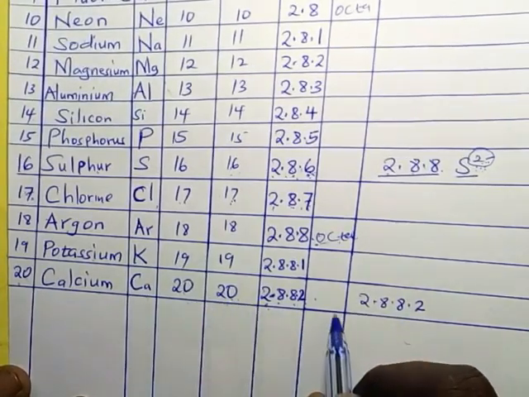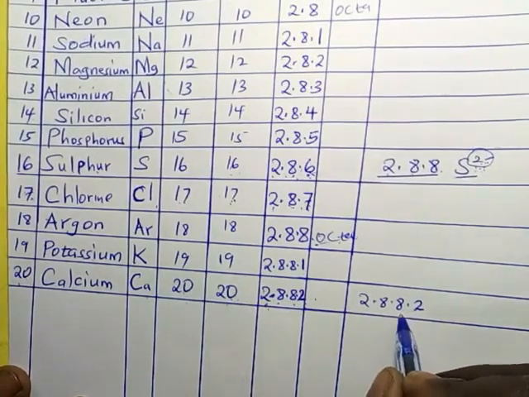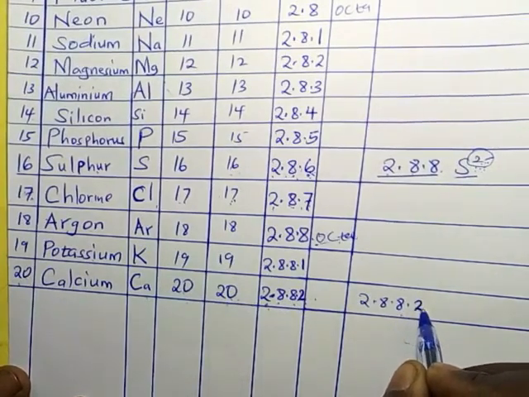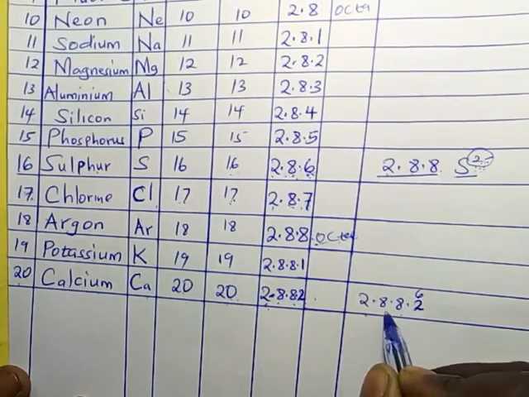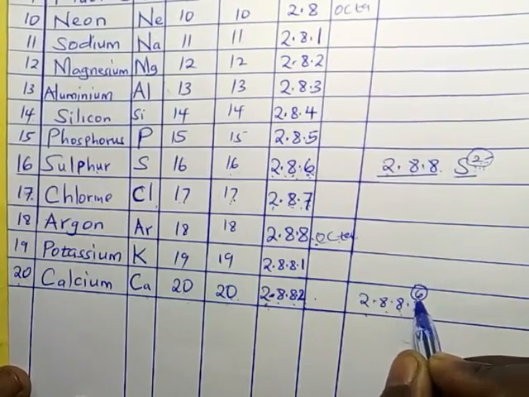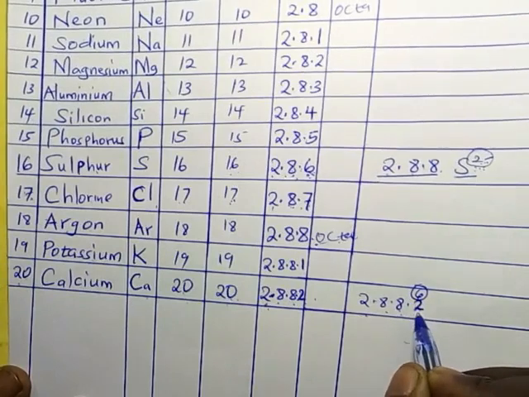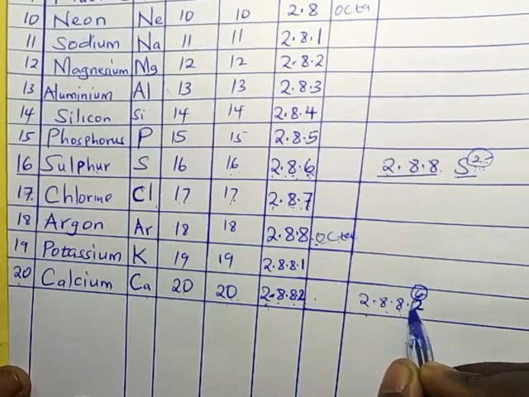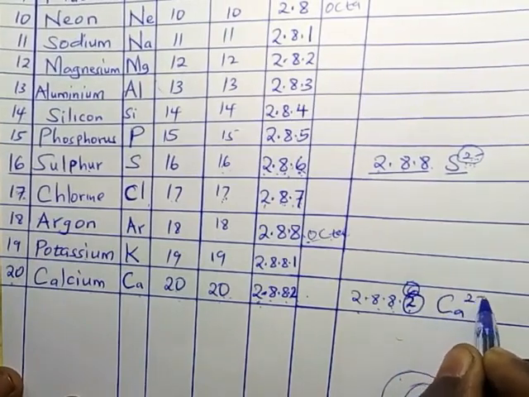During a chemical reaction, calcium is not stable. Therefore, it will react by losing 2 electrons. Gaining 6, to have the stability of 2, 8, 8, 8, requires a lot of energy. Therefore, it requires less energy to lose 2. It loses the 2 electrons and becomes calcium 2 positive.